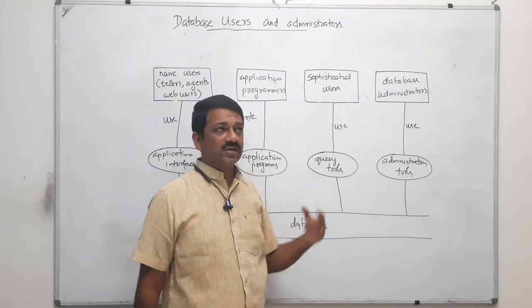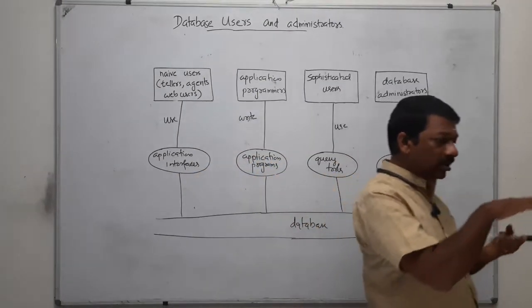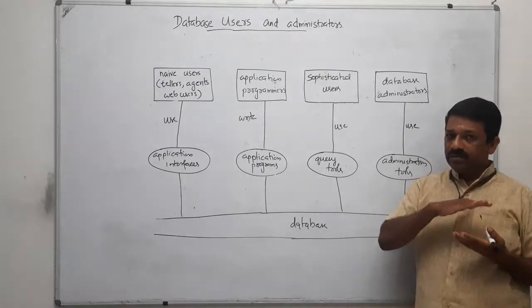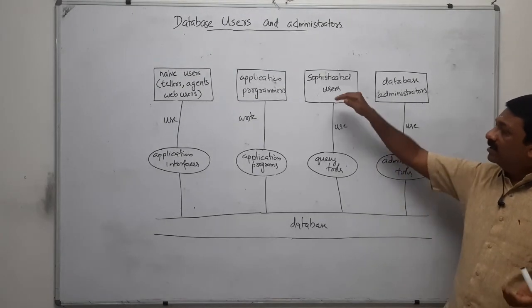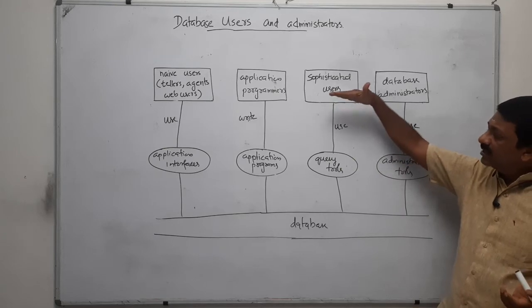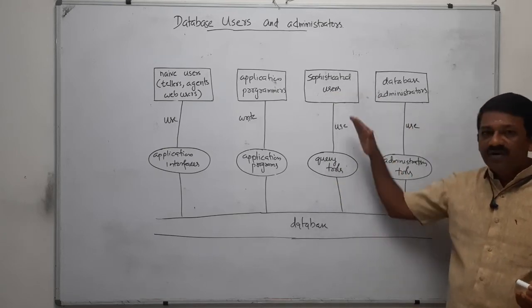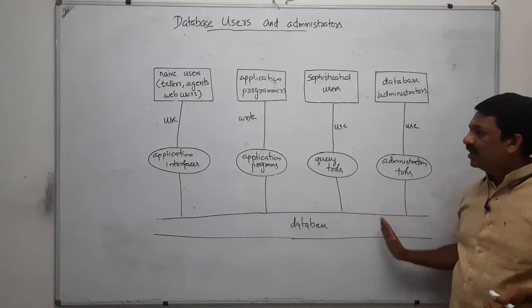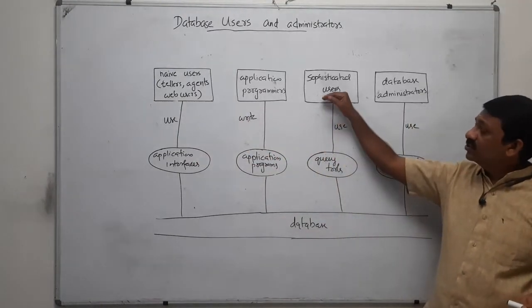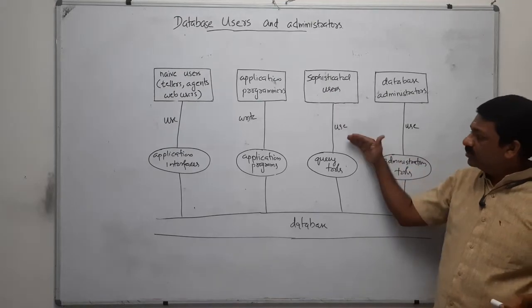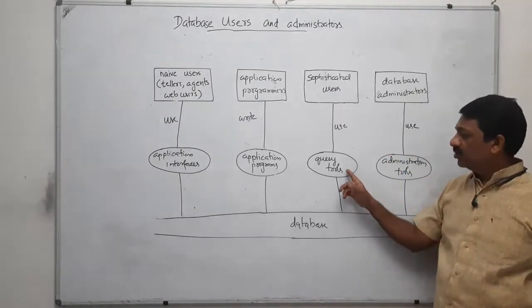Now, sophisticated users are at the middle top level of a software company, and they are the designers of this database. They do not deal with the application interfaces, and here these sophisticated users are responsible for design. That means some query tools are there.